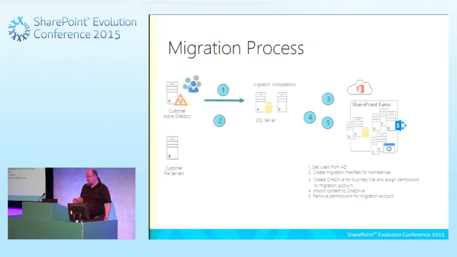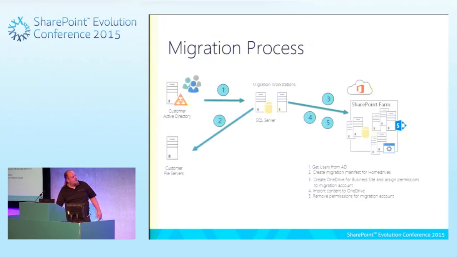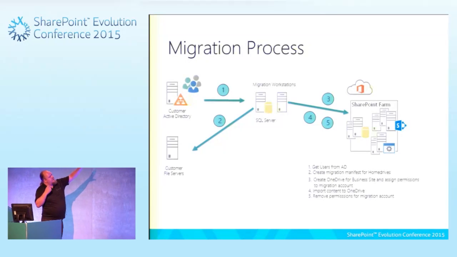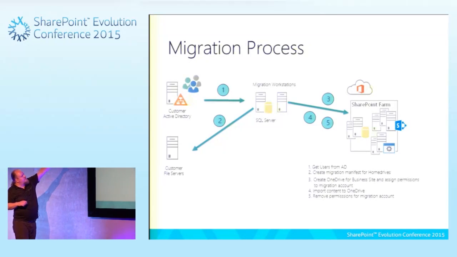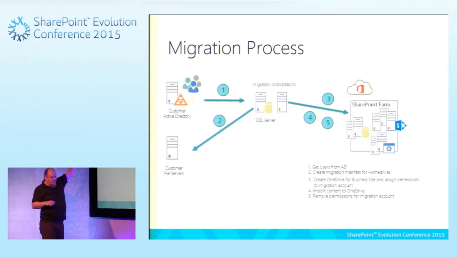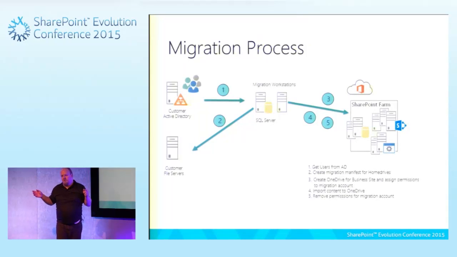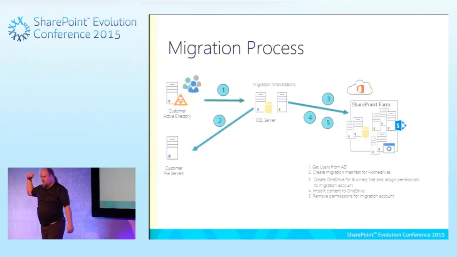So the migration process, the way that I would build this is that, especially for the home drives, in most cases the home drives are mapped in Active Directory. There's the home directory or home drive attribute for a user object in AD.